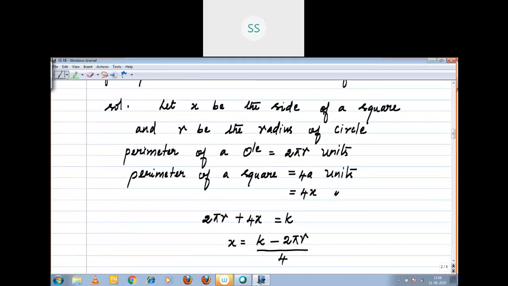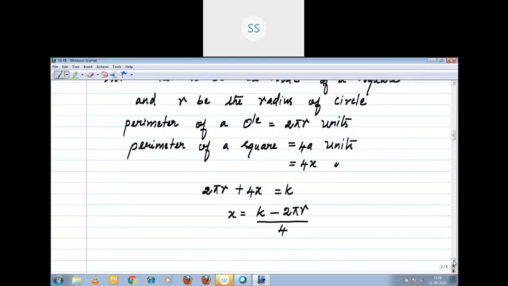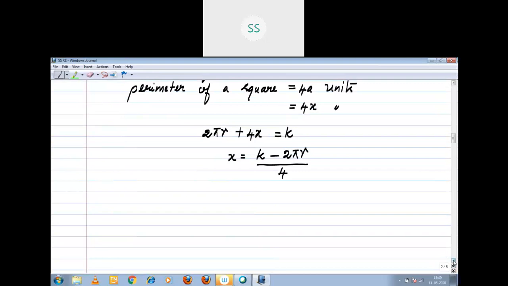The next statement: areas. Area of a square, what is the formula? Area of a square is a square. Here your a is x, so the area of a square equals x square. Now, area of a circle equals pi r square.